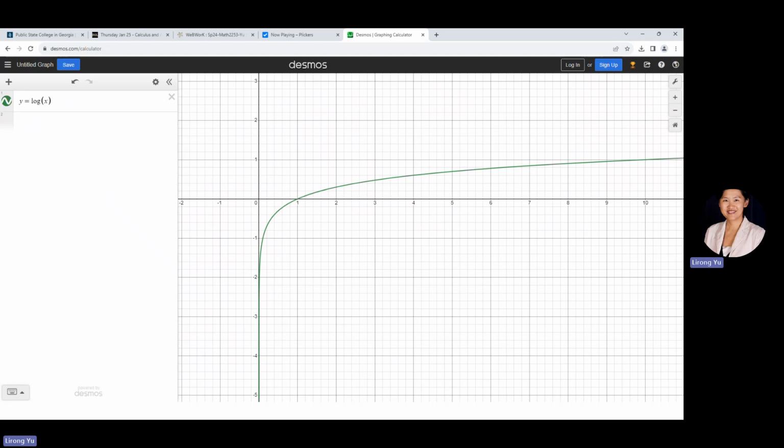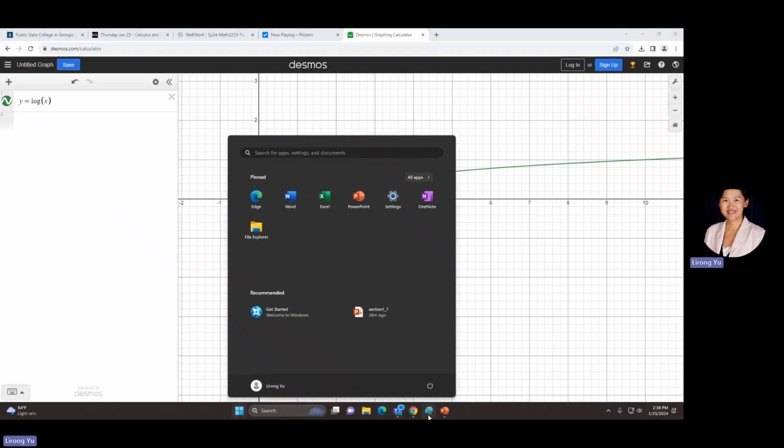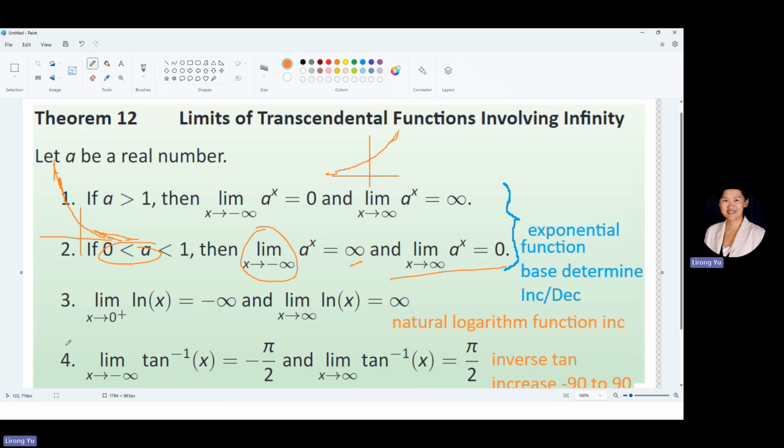And that's the reason why we have this function here, logarithm function, ln. So it behaves this way when x approaches 0 from the right side of 0. The limit is negative infinity. That's the one on the left. The one on the right is over here. So when x goes to positive infinity, the logarithm of x goes to positive infinity. So that's the logarithm function.